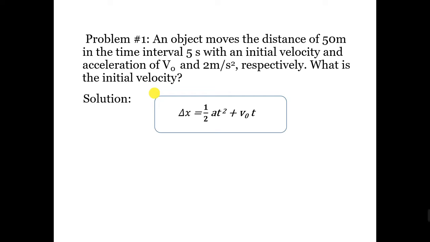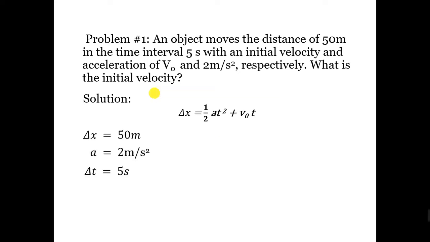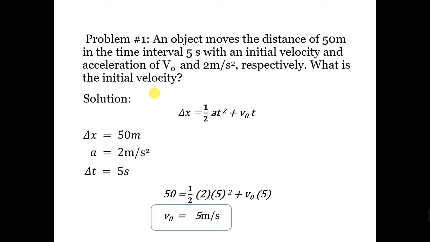Now the given values here are the distance, which is equal to 50 meters, acceleration of 2 meters per second squared, and a time interval of 5 seconds. Then these values will be substituted to the given formula and the result is equal to 5 meters per second as the initial velocity of an object.